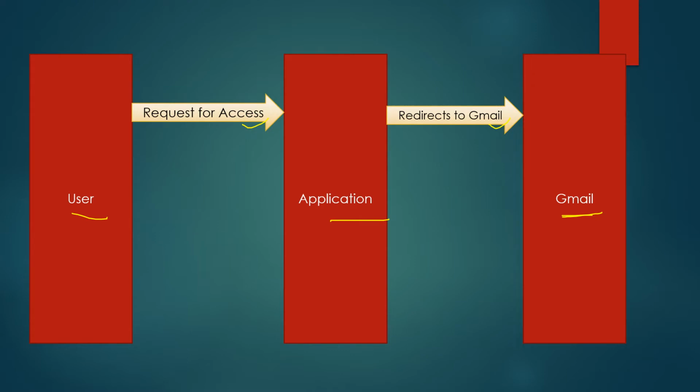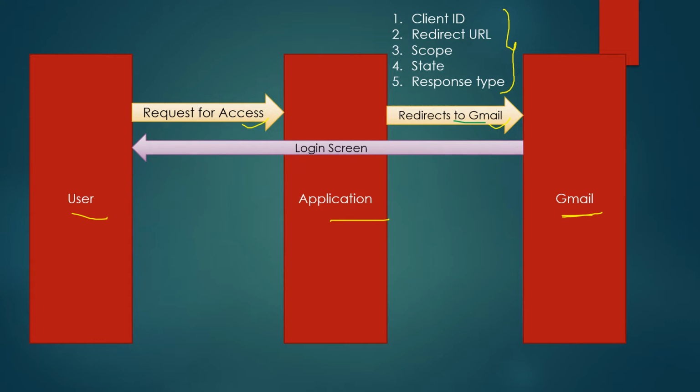Now, when it redirects to Gmail, it will redirect with a certain set of parameters. Let's not go into all these parameters; for the sake of simplicity, let's just keep it that it will redirect with certain parameters. Now, what happens after that is Gmail, the third-party provider, will directly talk to the user with a login screen.